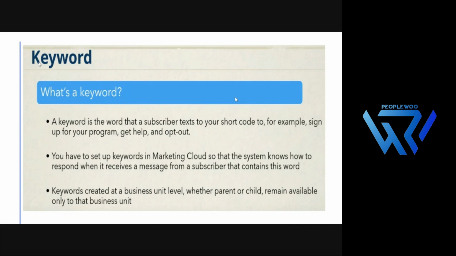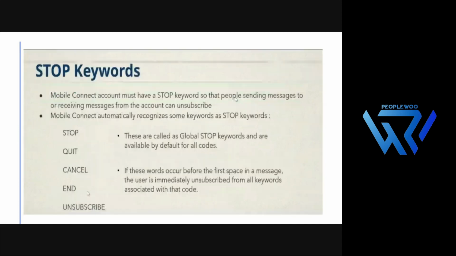You can set keywords so that customers can find information easily from your brand. There are some default keywords which are already provided by Salesforce. These are stop, quit, cancel, and unsubscribe. These default keywords, when sent by the customers, automatically unsubscribe those customers from the system.